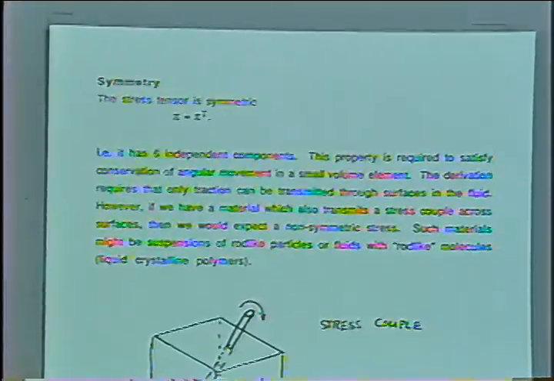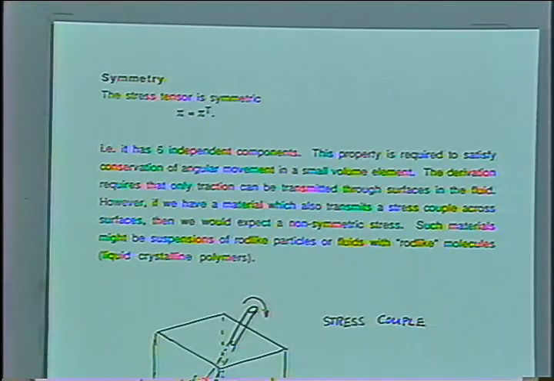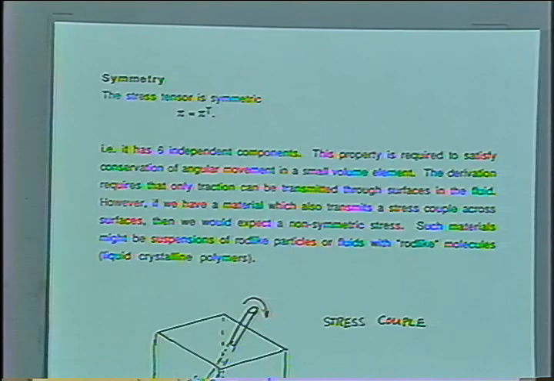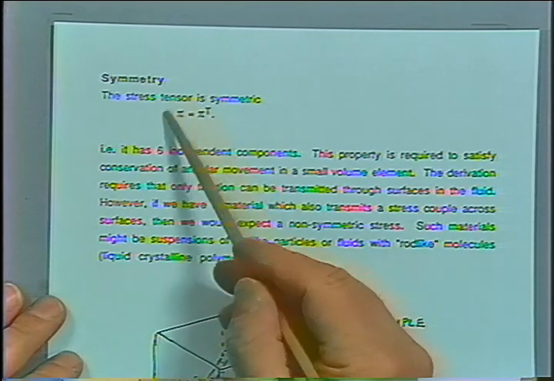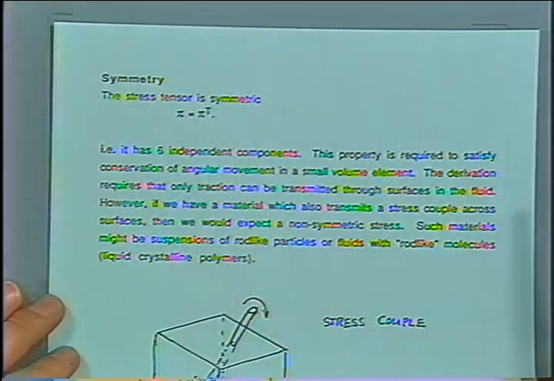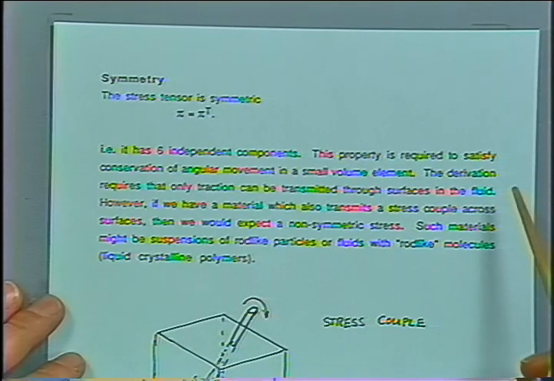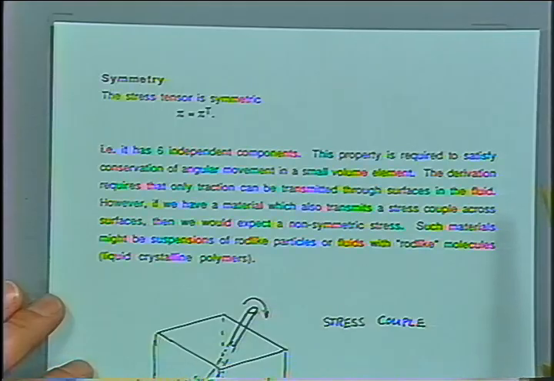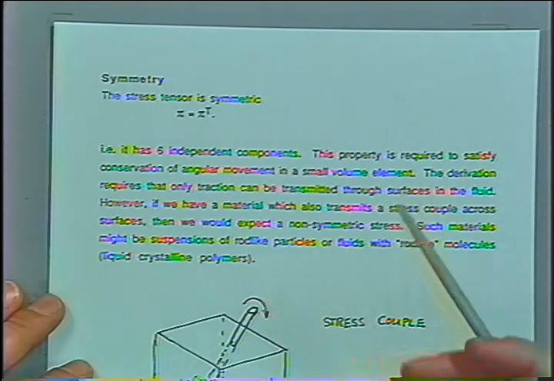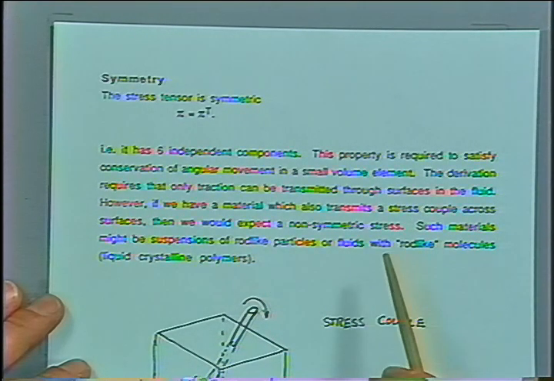Let's talk about some properties of the stress tensor. The first important property is the fact that the stress tensor is symmetric. That means the stress tensor components Pij are equal to Pji. You can interchange the components.